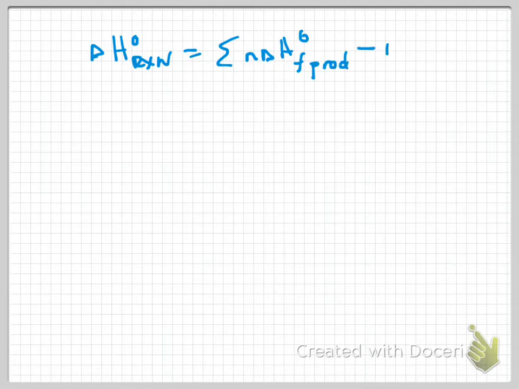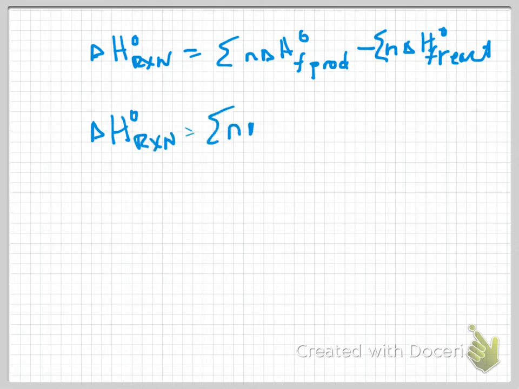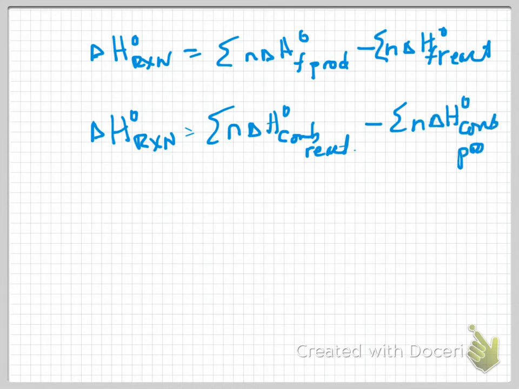So another way to look at the enthalpy change of a reaction is to take the sum of N times the heats of formation for the products minus the sum of N times delta H of the reactants. Okay, if you are using the combustion, you would have the sum of the delta H of combustion for the reactants minus the sum of N delta H of combustion for the products. Those are different.